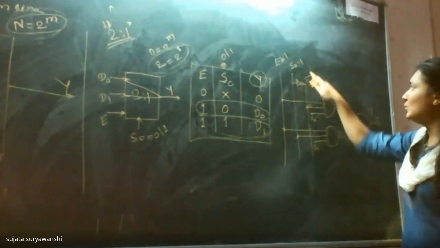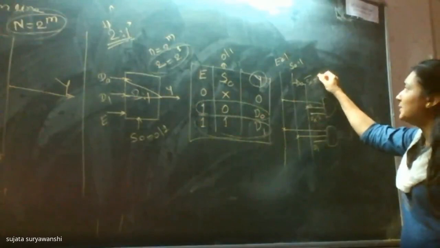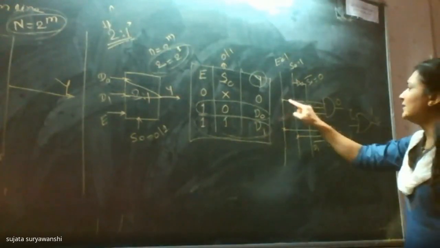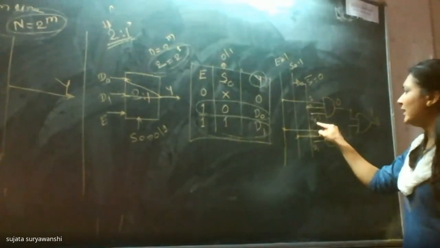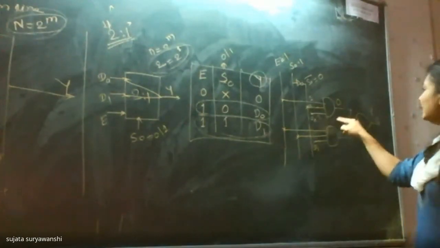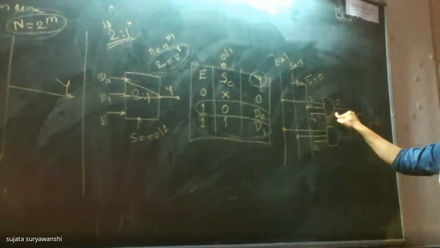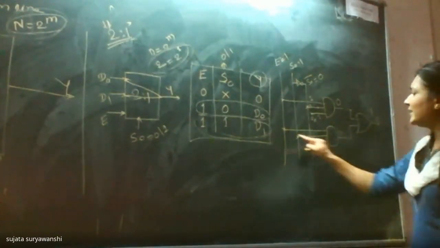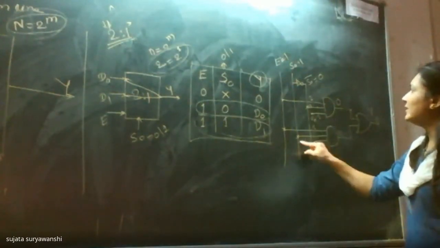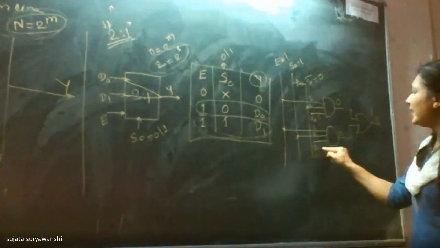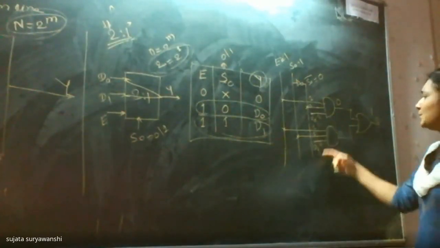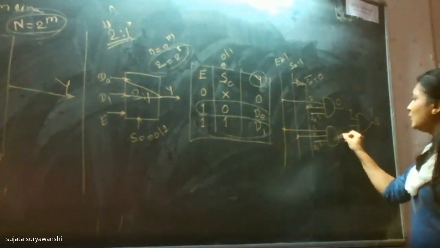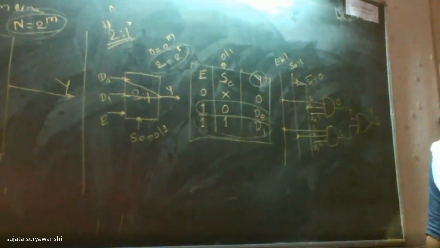S0 is 1, so S0 complement becomes 0. Here E is 1, S0 complement is 0 and D0 is 1, so the output of the AND gate will be 0. Similarly, here E is 1, S is 1 and D1 is also 1, all the inputs are 1, so the output of this AND gate will be 1.